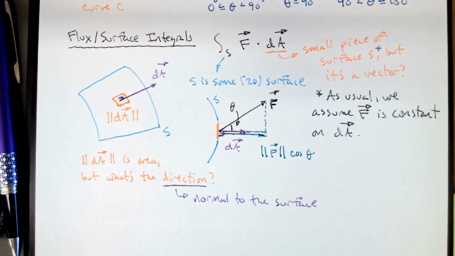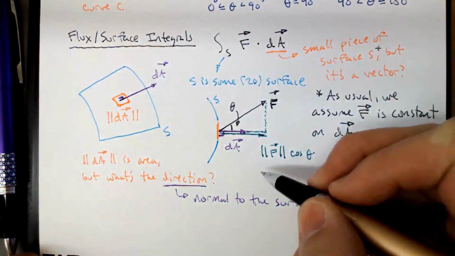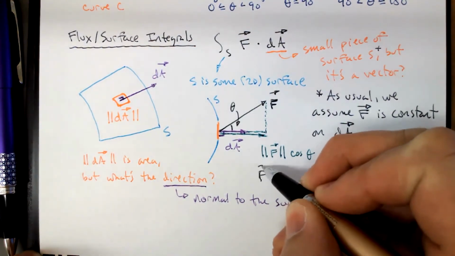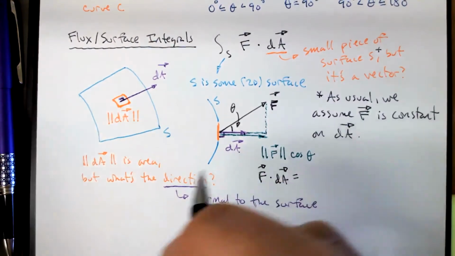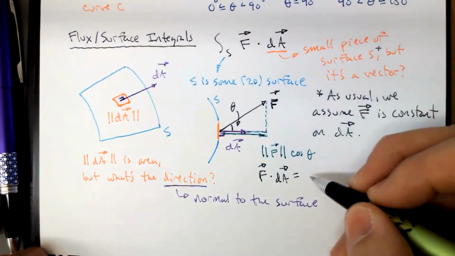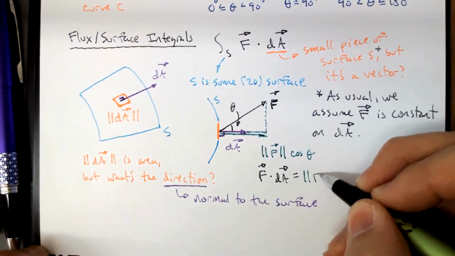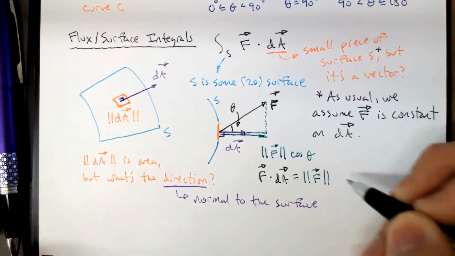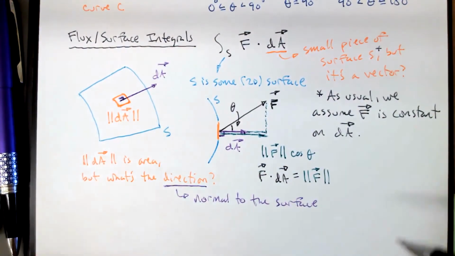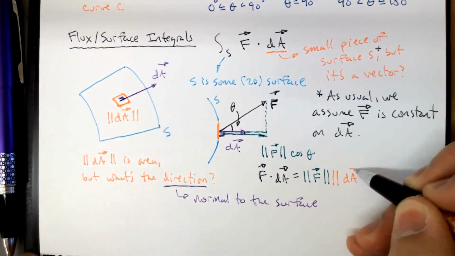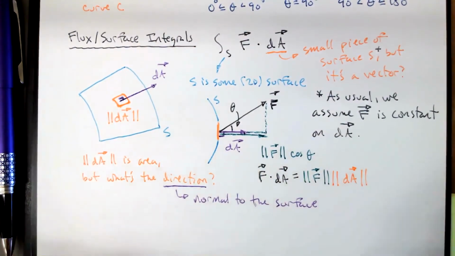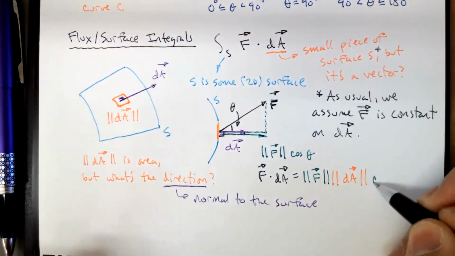So when we calculate F dot dA, we'll have the magnitude of F times the magnitude of dA times the cosine of theta.